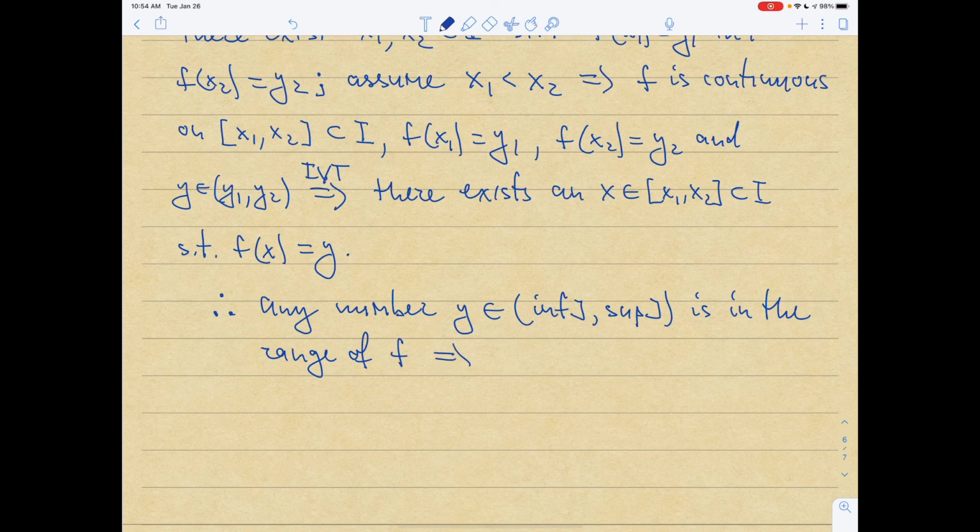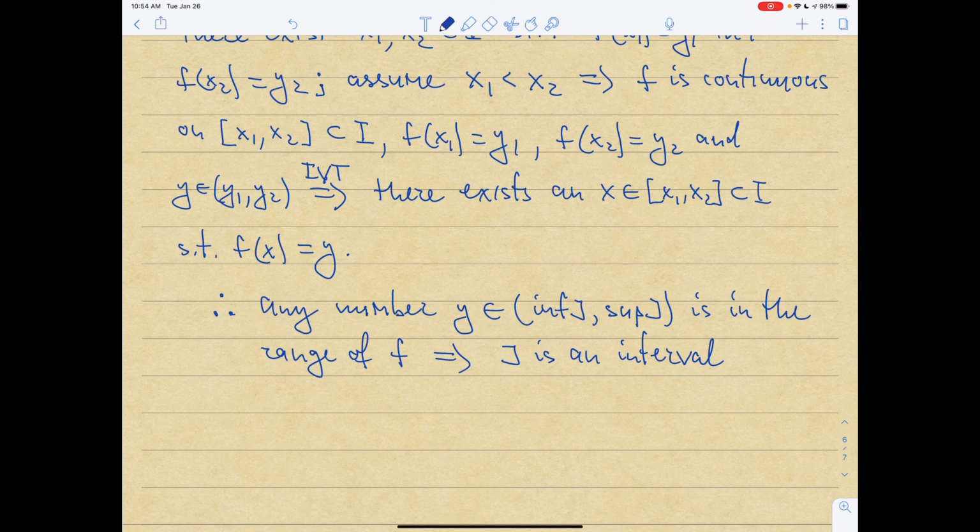And so therefore J is an interval, right? Because any value between the infimum of J and the supremum of J is achieved.